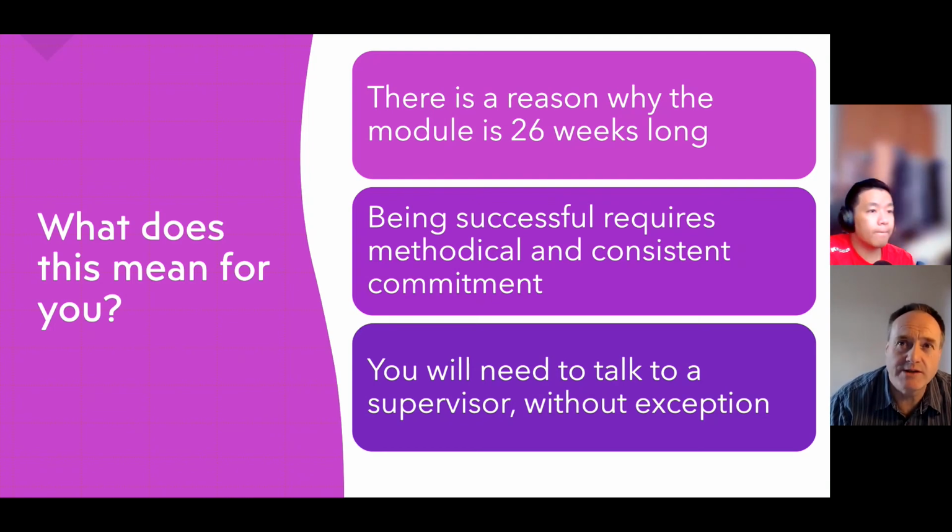Many students like to complete their taught modules very often without any intervention with their supervisor at all. Probably the only thing you will do is send a draft. I would highly advise you don't do that. I would highly advise that you talk to a supervisor in a fairly consistent and constant manner.